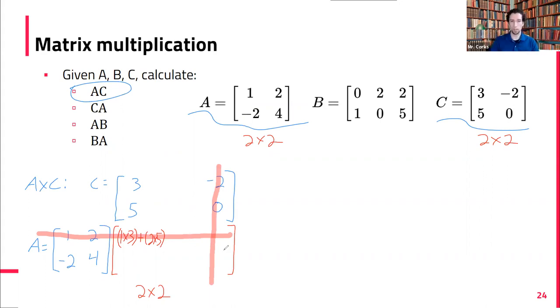Tell me what the next position will be. 1 times -2, plus 2 times 0.